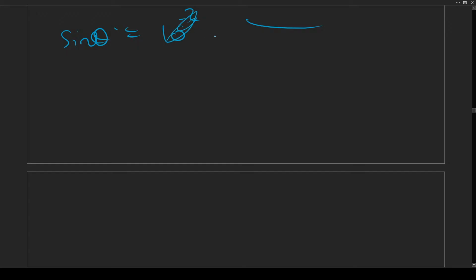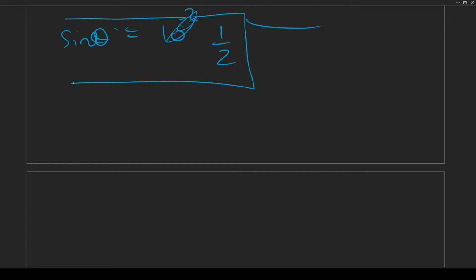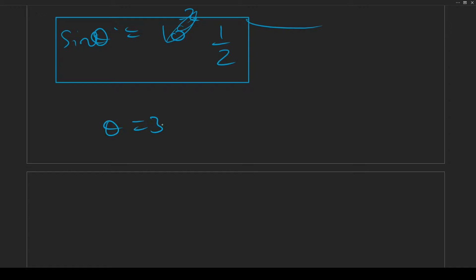Sine theta is equal to, we will get 1 by 2, and sine theta 1 by 2, then theta value is equals to 30 degree, deviation by 30 degrees.